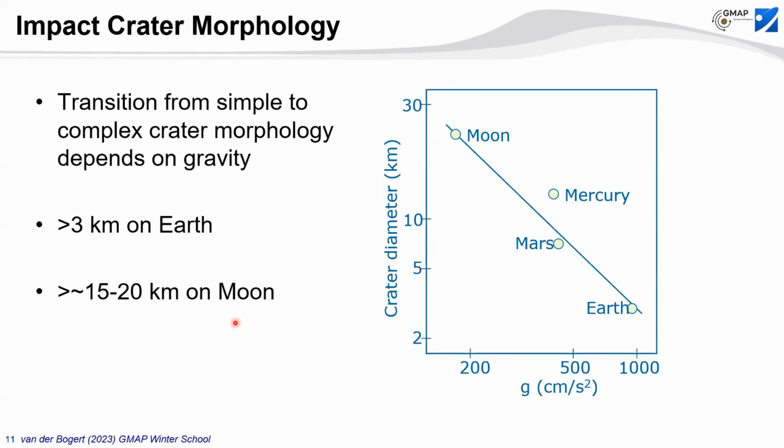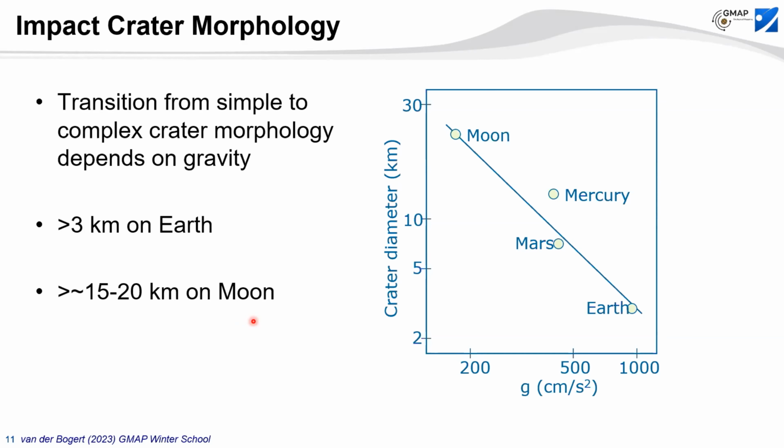What happens between having a simple crater and a complex crater? I mean, why is the difference? Why do we get a central peak? Well, we're going to look at the process in a moment, but what we do know from empirical observations is that the transition from the simple to complex crater morphology depends on size for a particular planet.